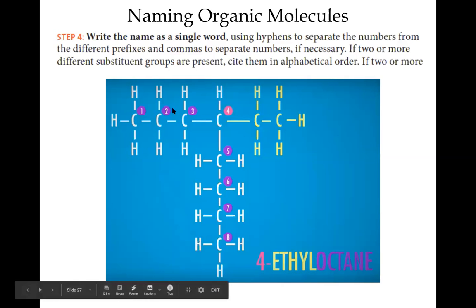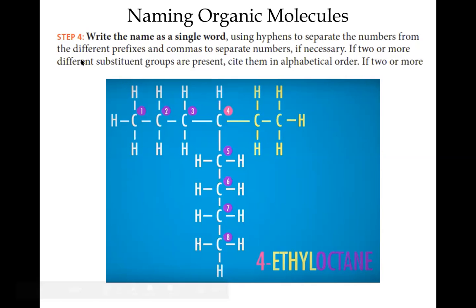But when we put all this together, we have our longest chain being 1, 2, 3, 4, 5, 6, 7, 8. That's our parent, so it's going to be octane. And coming off the fourth carbon is the ethyl group. So we write 4-ethyl to represent that ethyl being on the fourth carbon, 4-ethyloctane.